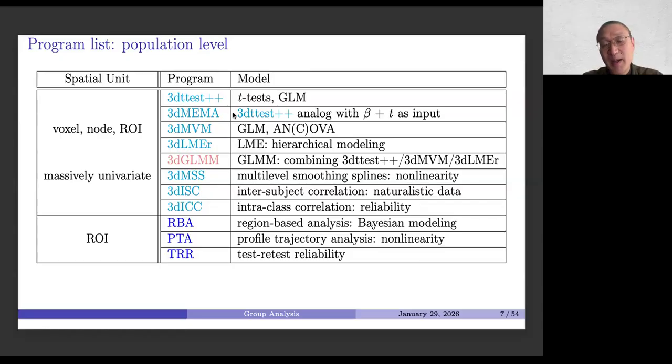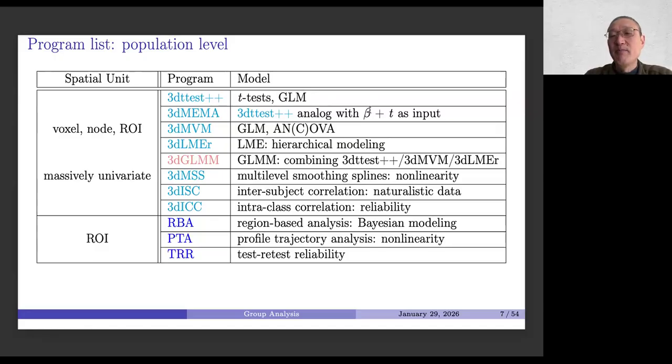The second program, 3dMEMA, is pretty much the 3dttest++ version, with the only difference being that 3dttest++ only takes the regression coefficients from the individual level as input, the beta weights, and ignores the t-statistic value.